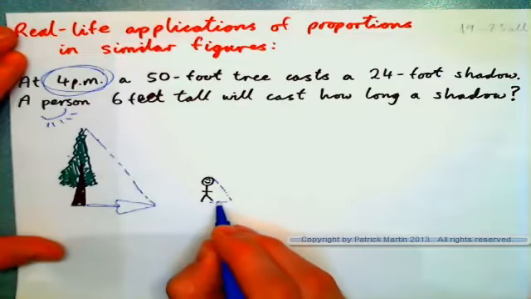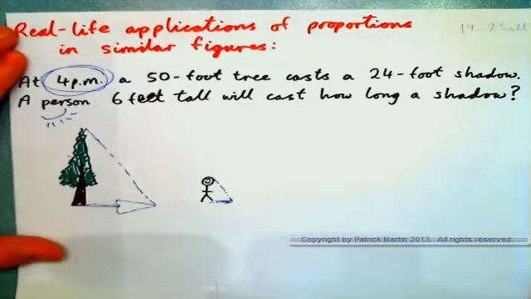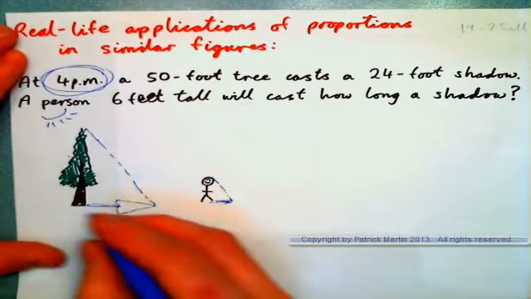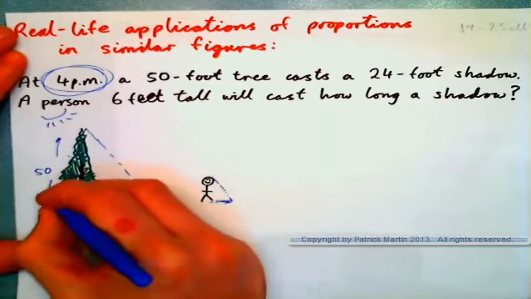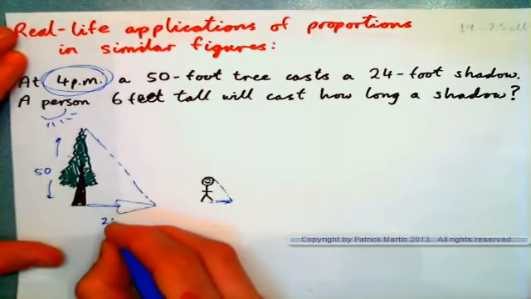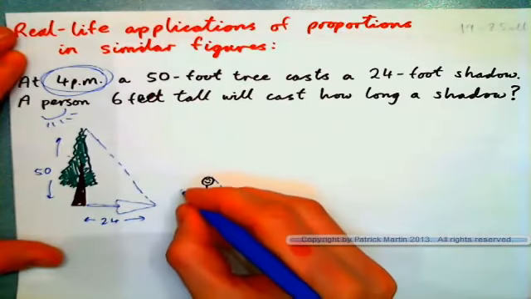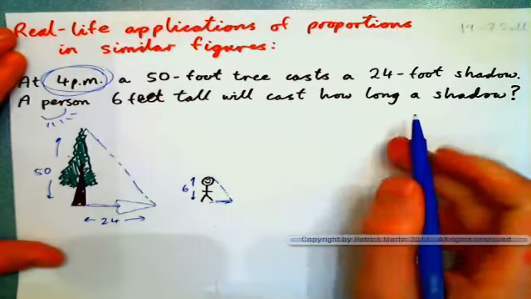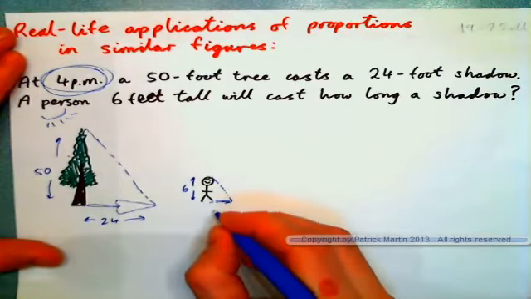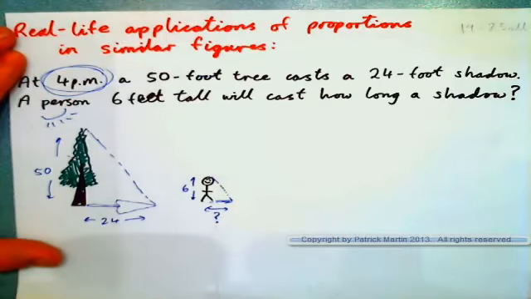I mean, the length of the shadow proportionally on the ground will be the same at the same time of day. So what we're told is the tree is 50 feet high, and the shadow is 24 feet long. The person is 6 foot high, so how long of a shadow will be cast? That's what we've got to find. We do not know the length of the person's shadow.